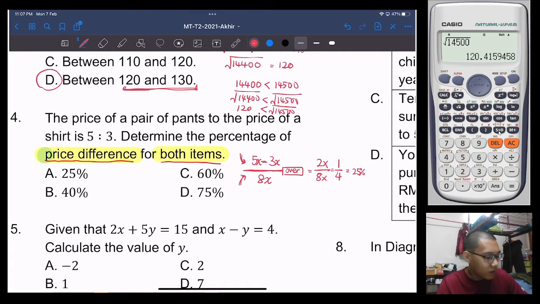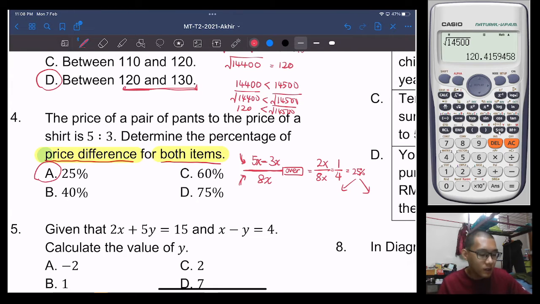So the answer is this lah. So how do we apply this in daily life? If we found the percentage of price difference for both items, we try to divide this difference equally to distribute it for the 2 items.